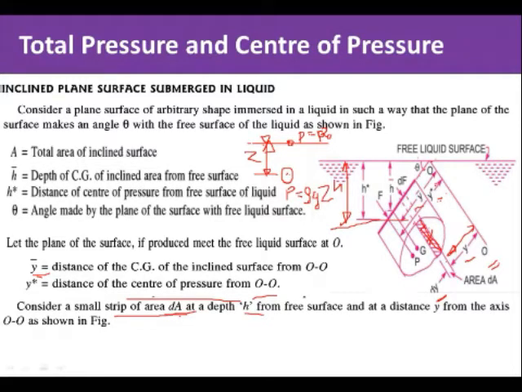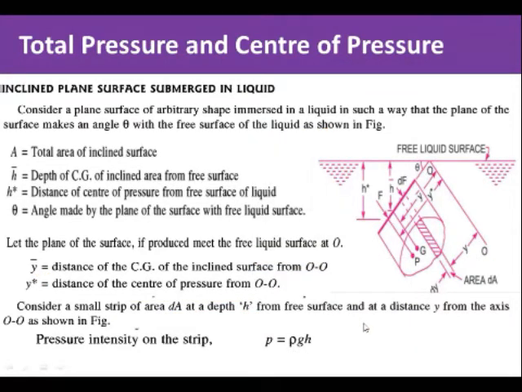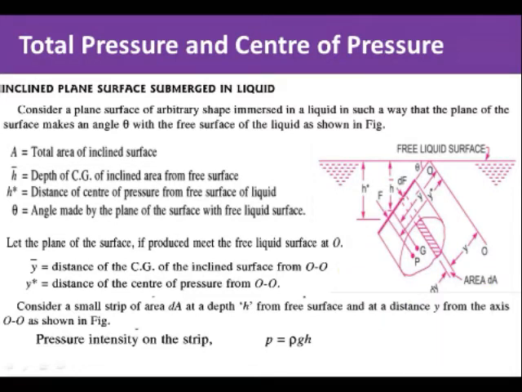Here we are talking about an elemental strip at a depth h, so the intensity of pressure at a depth h is P equals rho g h. Remember this pressure acts normal to the surface. Pressure always acts in the perpendicular direction, normal to the surface.